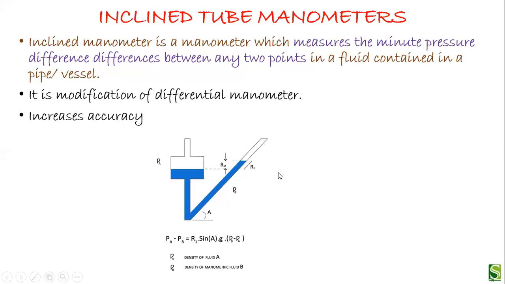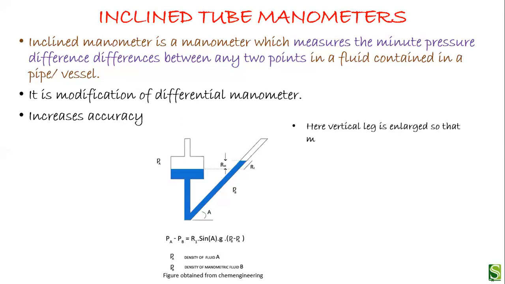If you increase this angle, the value of A will increase. So automatically, if you increase the angle, you will get very good results, because the pressure difference will be very significant by observing the difference in the height.